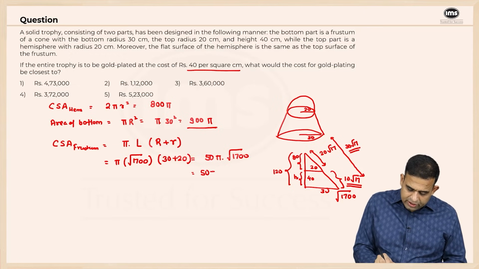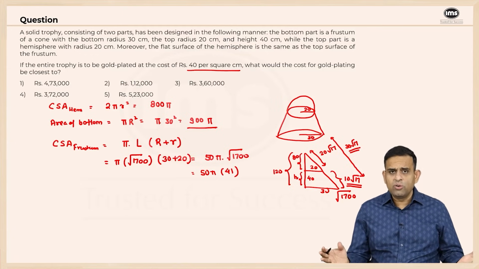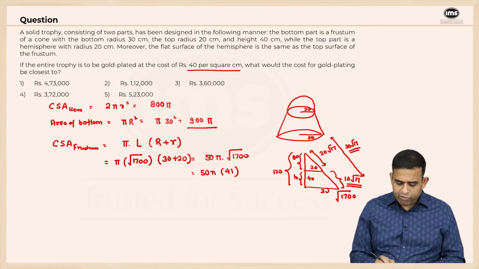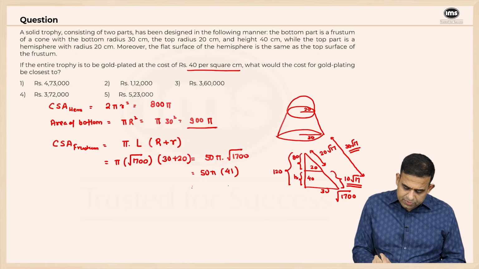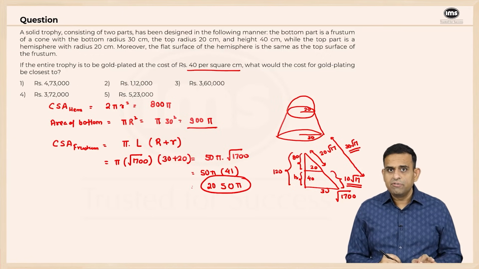So 50 pi into 41. Let's say I take approximately 41, because options are also very spaced out. Let's take a round figure, 41. This part will become 0 and this will become 5. So 2050 pi is the required curved surface area of the frustum.